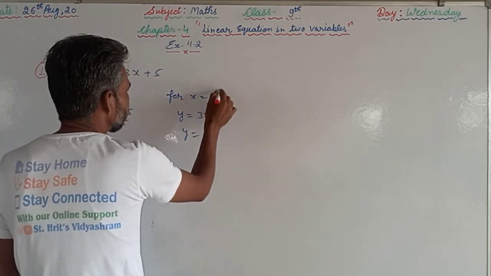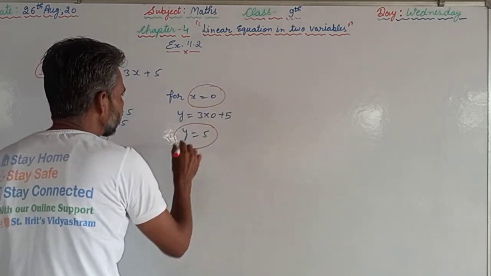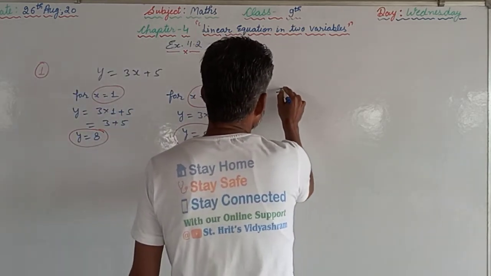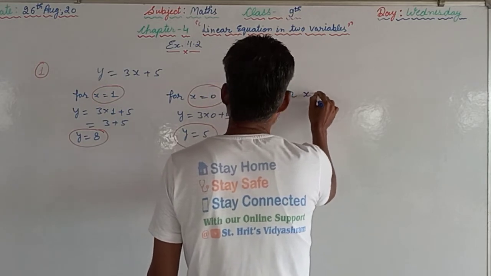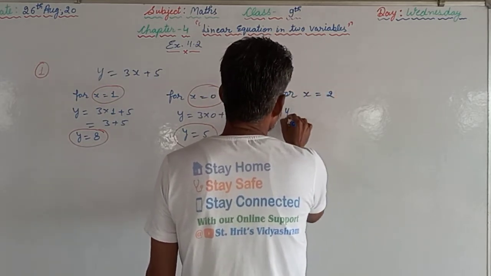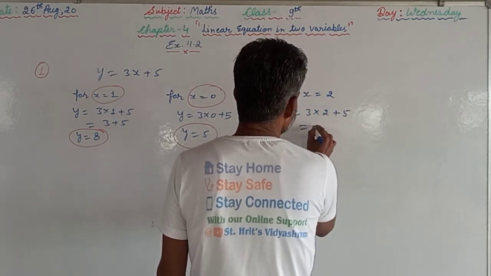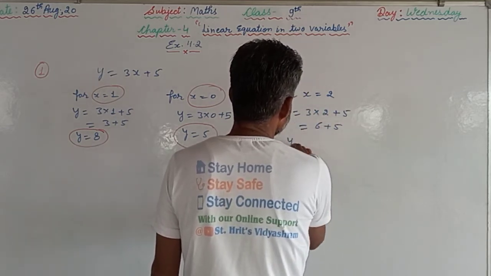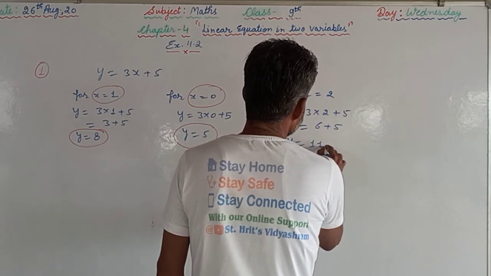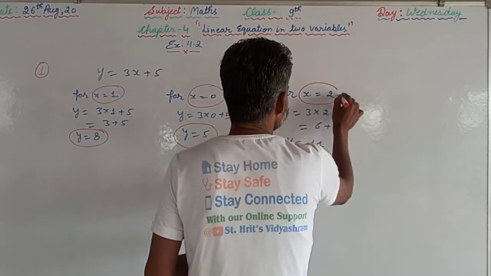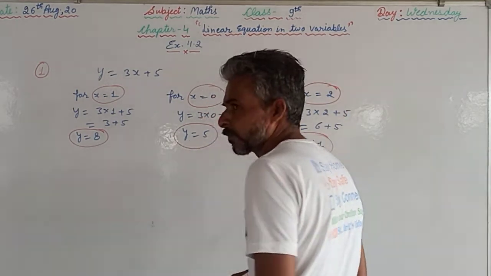So if the value of x is 0, the value of y will be 5. For x is equal to 2, the value of y will be 3 into 2 plus 5, that is 6 plus 5, y is equal to 11. Means if the value of x is 2, the value of y will be 11.